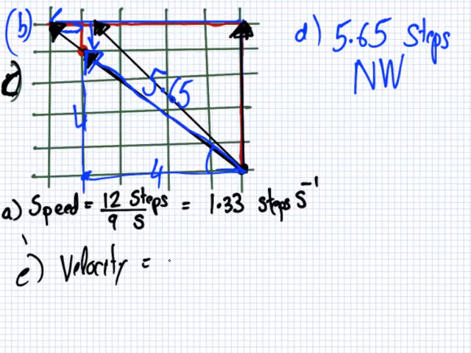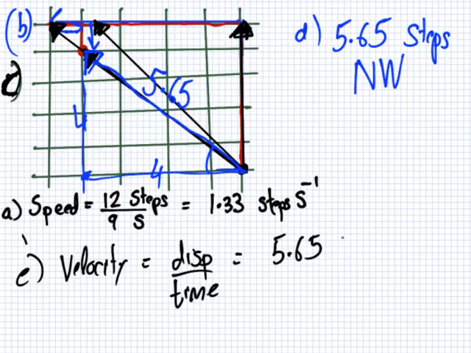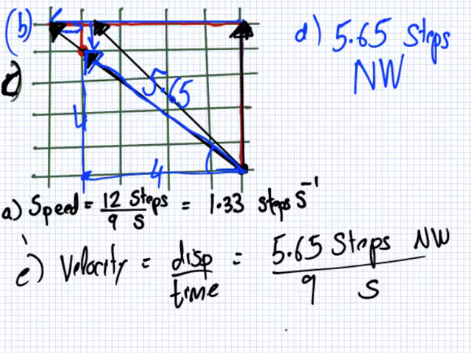It's displacement over time. The displacement is 5.65 steps northwest, and the time is 9 seconds. So the answer will be 0.628 steps per second northwest. You have it there? Yeah. Thank you.